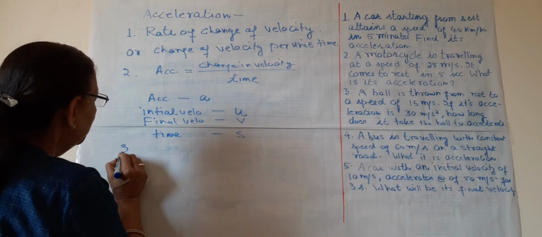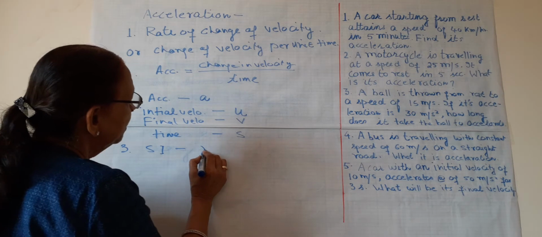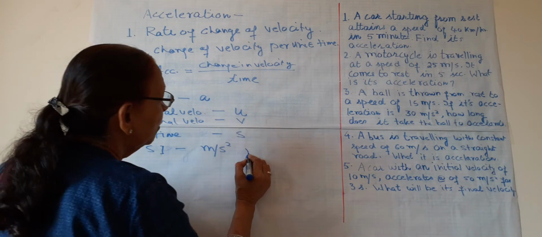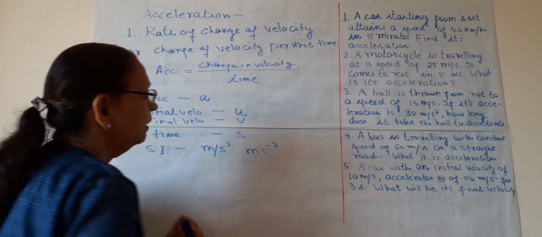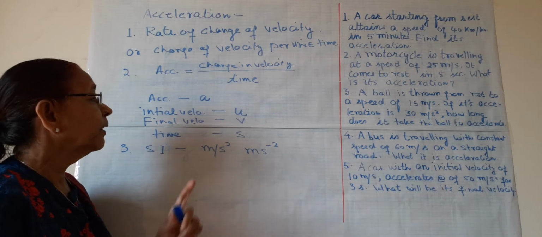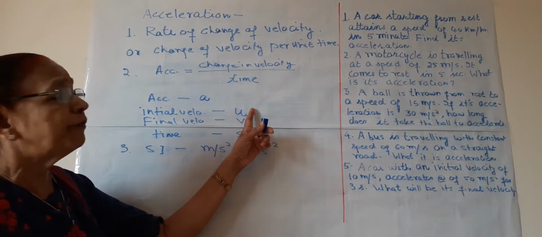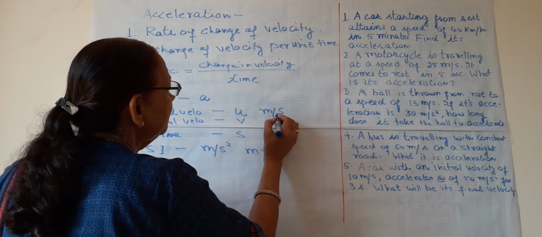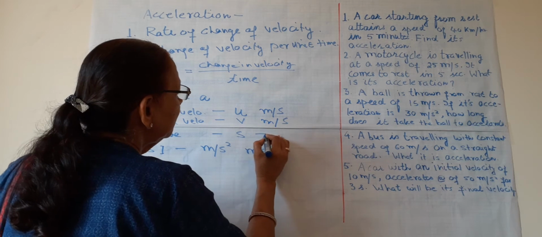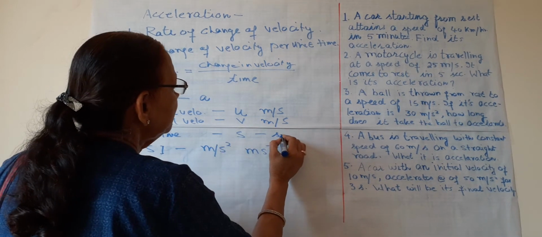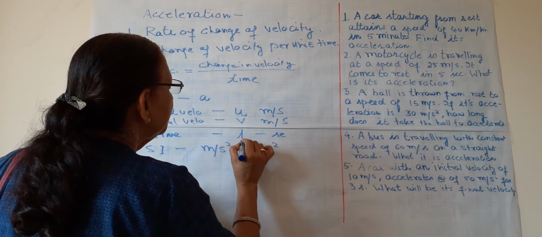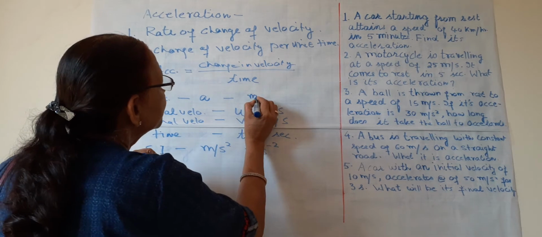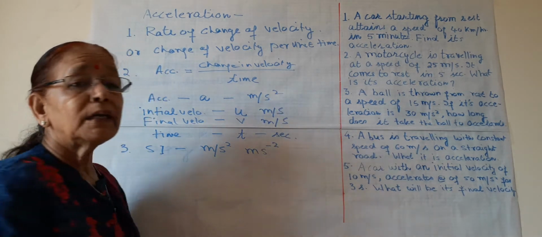The SI unit of acceleration is meter per second square. You know the SI unit of speed or velocity is meter per second. Time is t and it is in seconds, and the unit for acceleration is meter per second square.